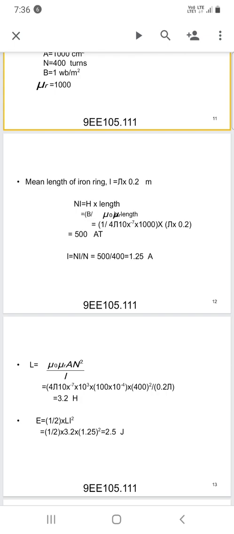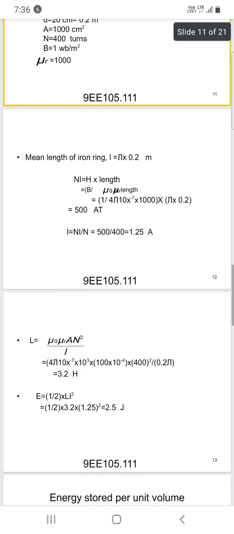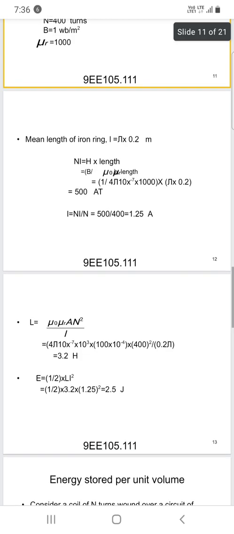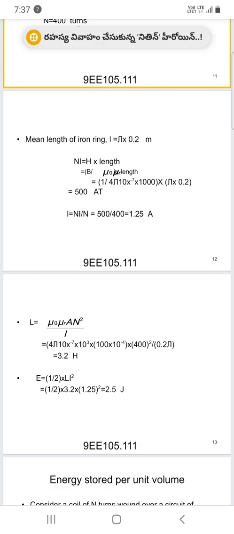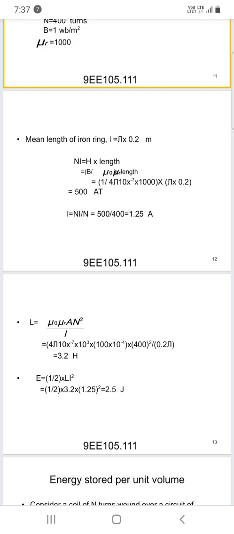Then the ampere turns is equal to 500. From this expression, we have to calculate the value of I. I equal to NI by N, where N is the number of turns.